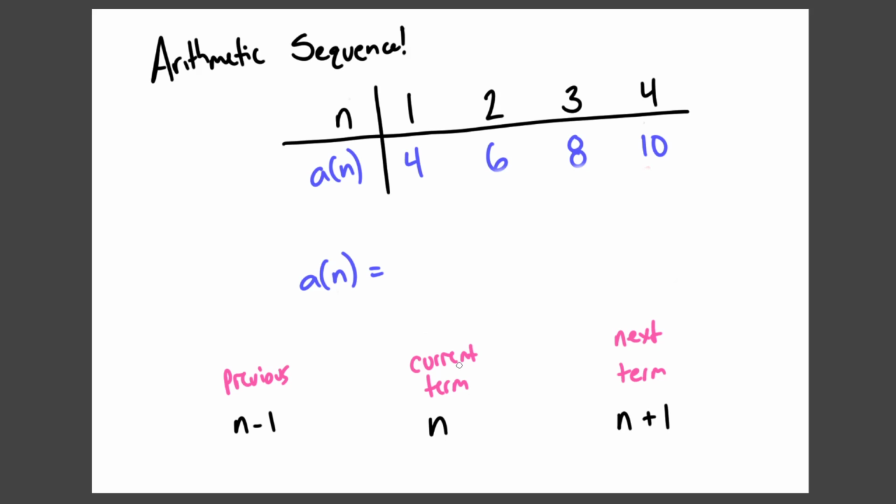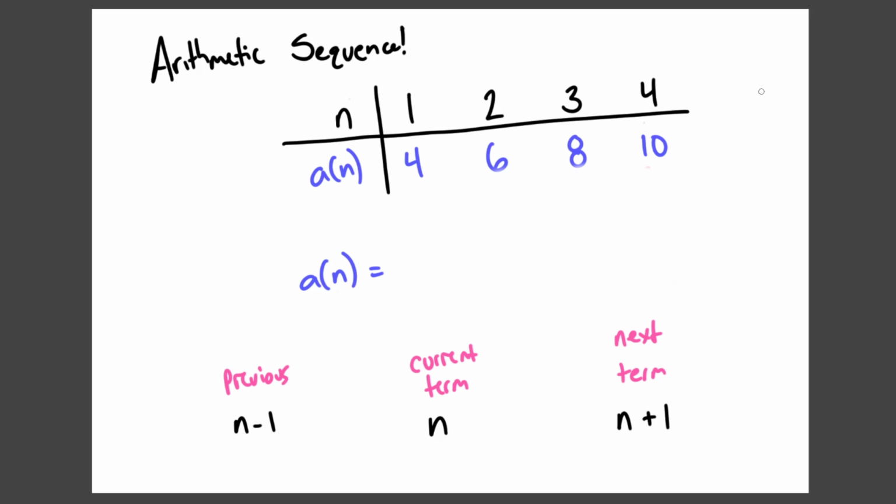And since these are all in relation to n, all this means is, let's say I choose 3. This is my n. N plus 1 would be 4, my next term. My previous term would be n minus 1. The minus 1 and the plus 1 just tell you if it's the next term or the previous term. And that's really all you need to know about that.